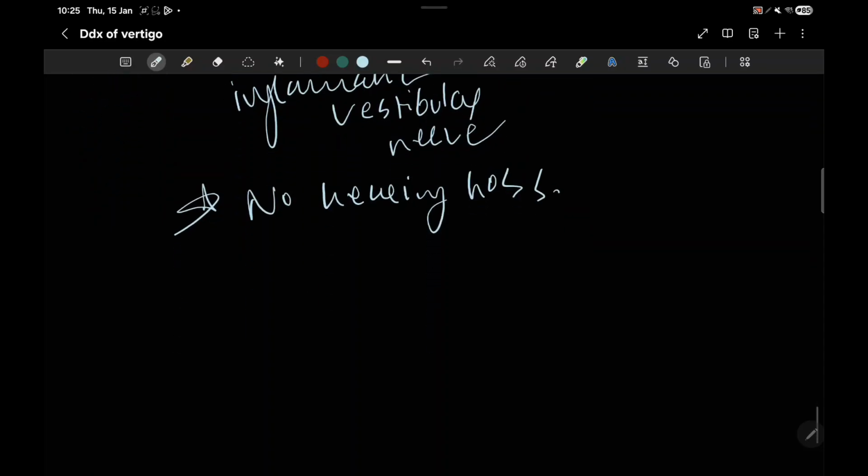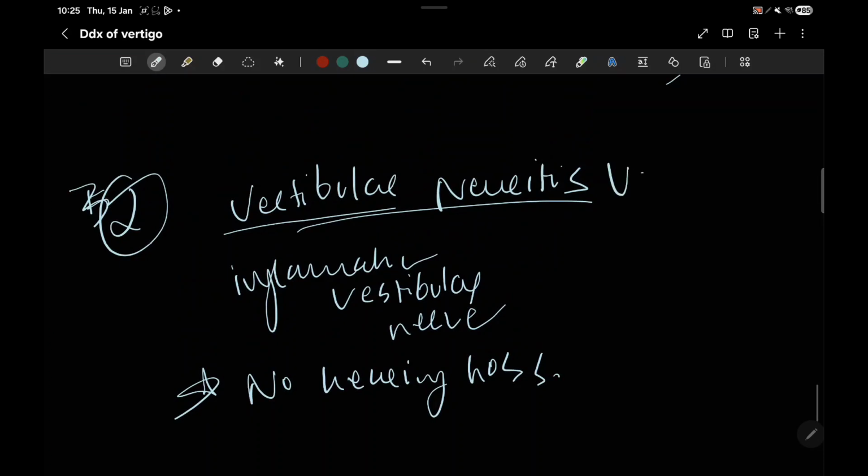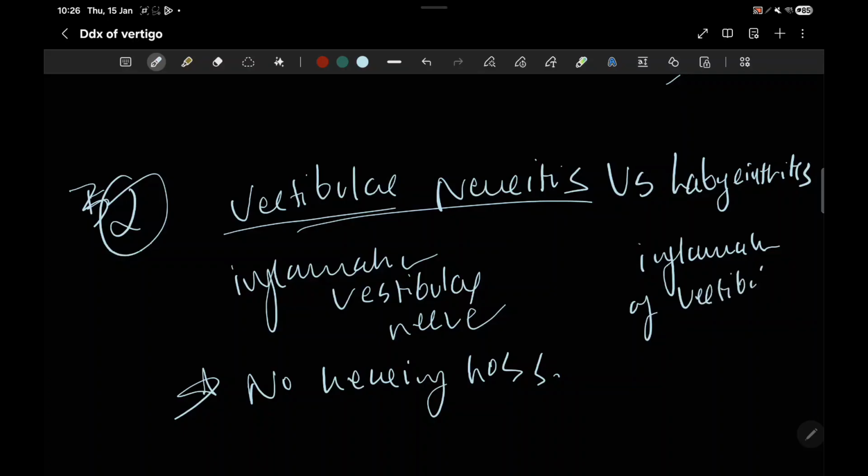But a similar condition is labyrinthitis: inflammation of the vestibular nerve plus the labyrinth, the inner ear.